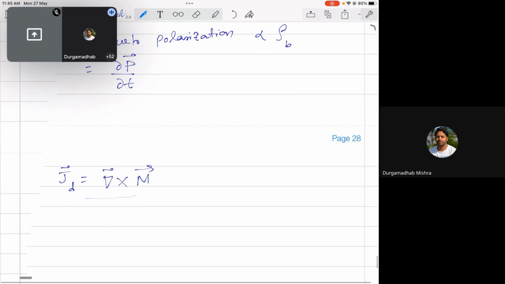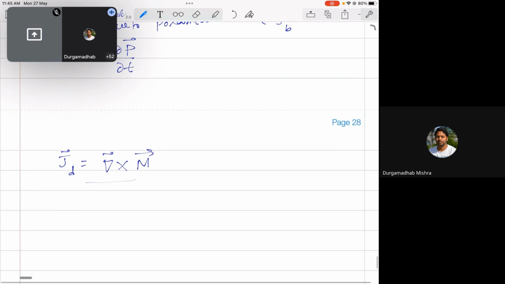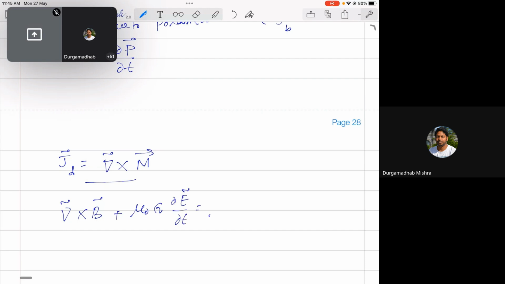So if you include all these in this equation, you can now simplify. You can rearrange and rewrite. Let me just do it quickly. So you have J_F plus del P by del t plus curl of M plus mu naught.